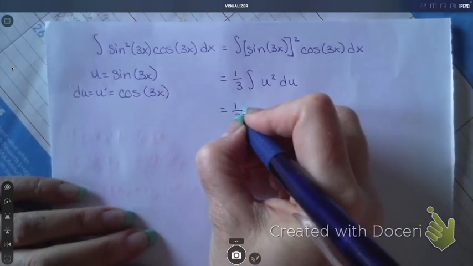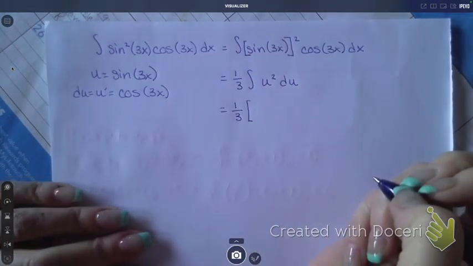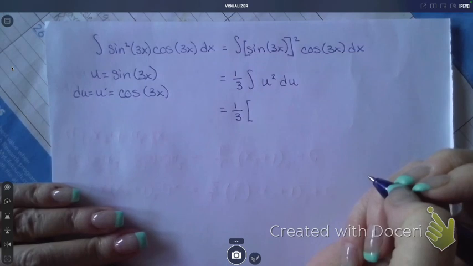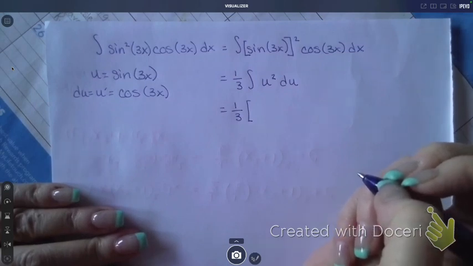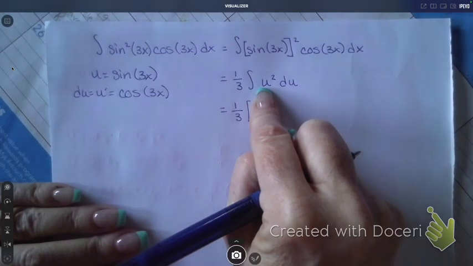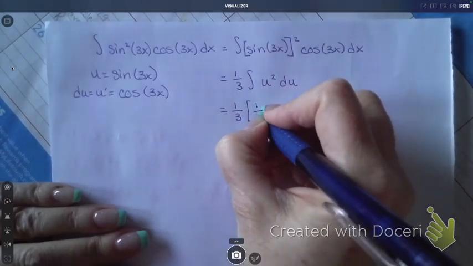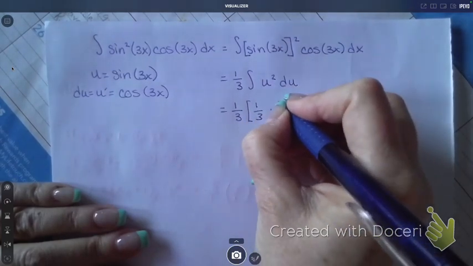So the integral of u squared is, add 1, divide, 1/3 u cubed.